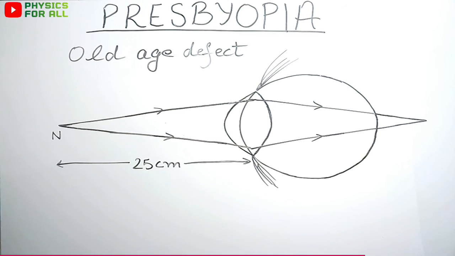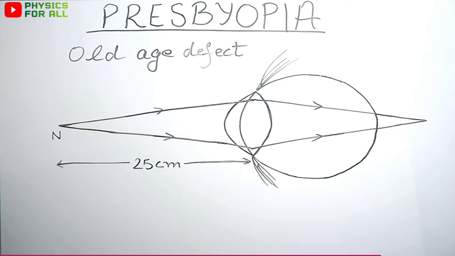There is also a possibility that a person might face both the conditions in old age, because as we know the lens and the ciliary muscles are not functioning properly in old age, so they might face difficulty in relaxing the muscles and making the lens thinner in seeing distant objects.